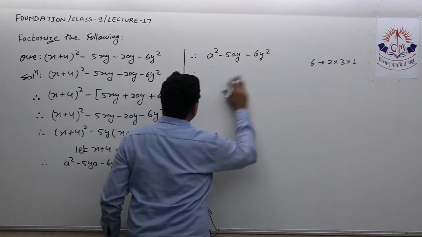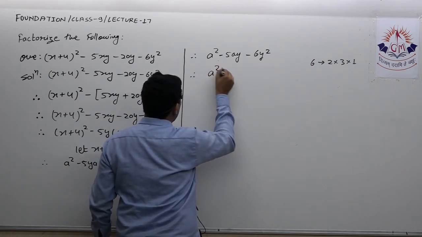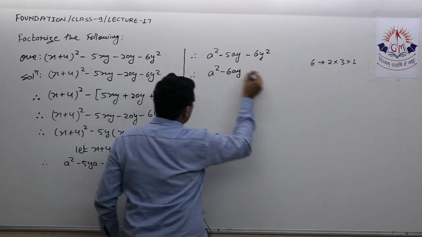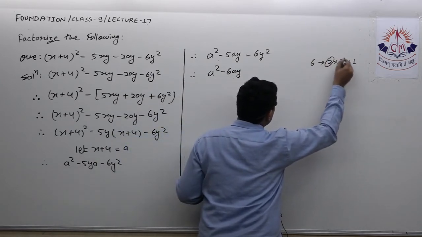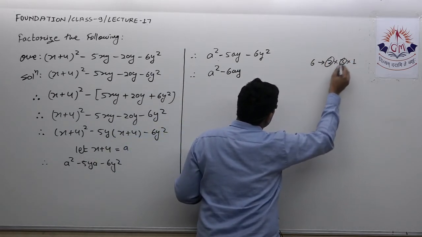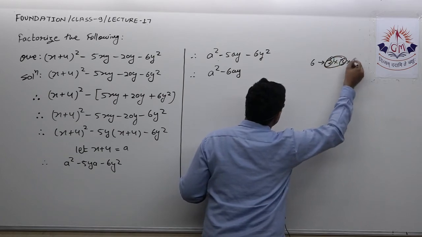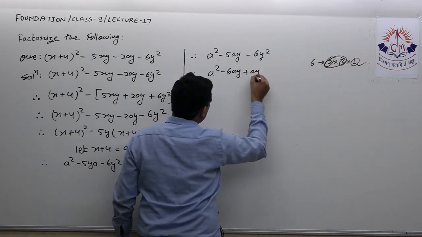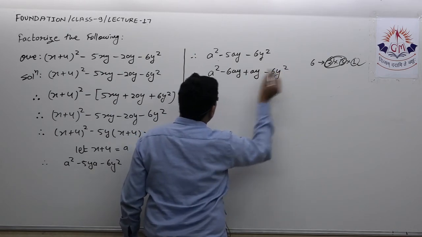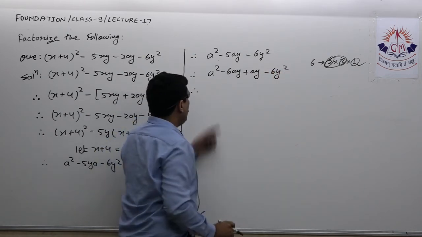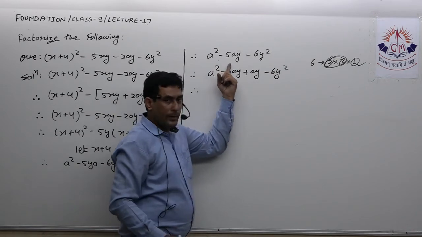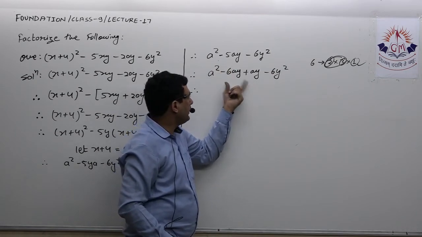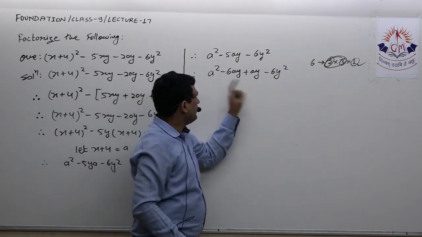So here I write a square minus 6ay. That means first I took these two as a factor, which was wrong. Now I will take this in one group and this in another group. Minus 6ay plus ay minus 6y square. Now you can see their sum is again minus 5ay as well as their product is plus 6a square y square.